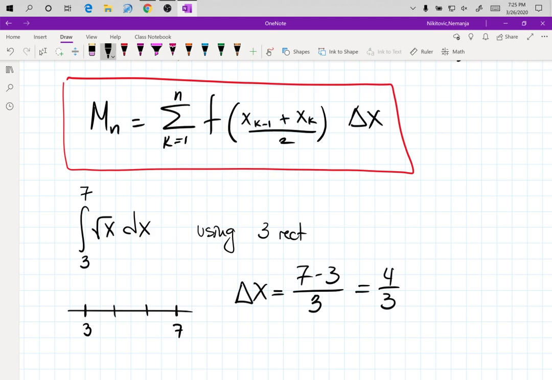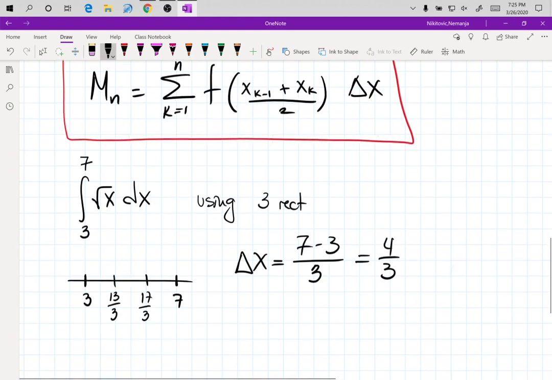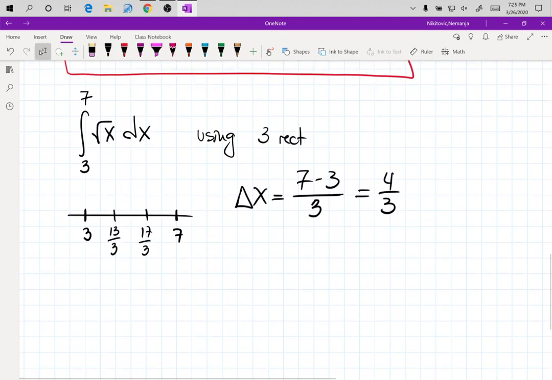So 3 plus 4/3, well, that's 3 times 3 is 9, plus 4, 13 thirds, plus 4 is 17 thirds, plus 4 is 21 thirds, which is 7. Good. So those are my x0, x1, x2, x3. I need middle points. And those are the averages.